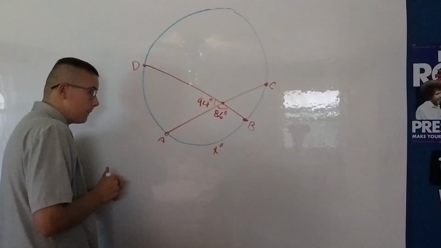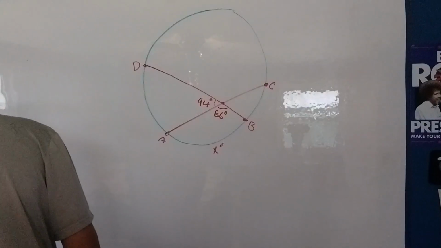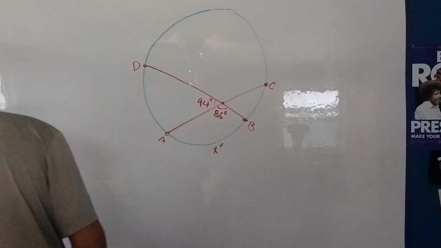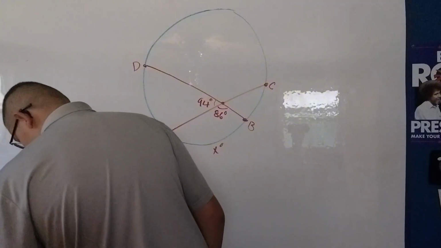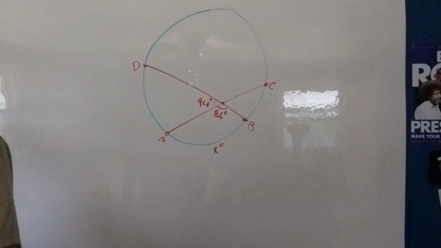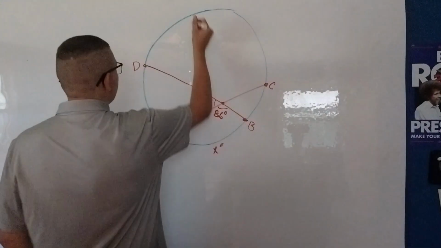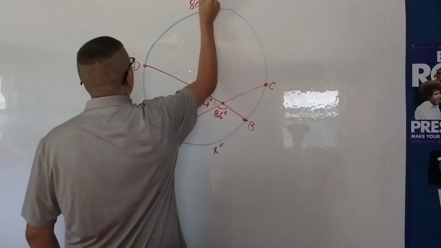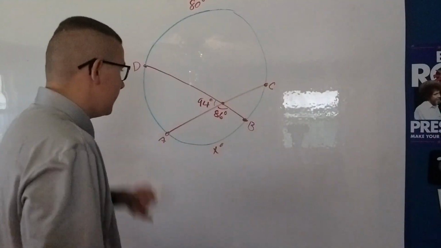And then from there, we can do this in reverse. Actually, I apologize, I forgot to give one other piece of information. This is 80 degrees right here. This arc angle is 80 degrees.